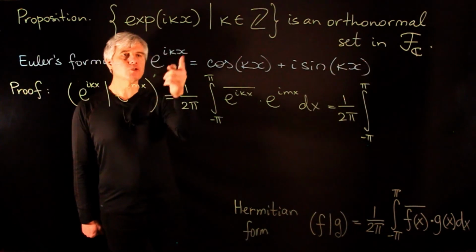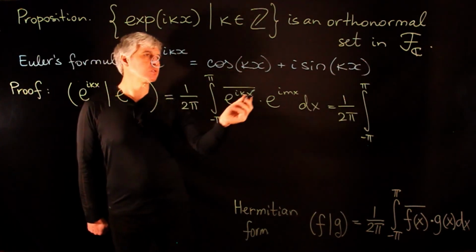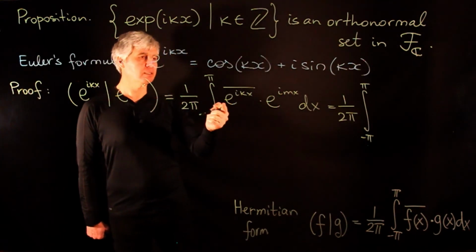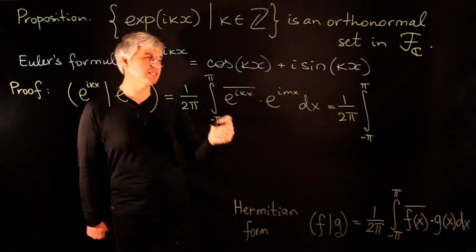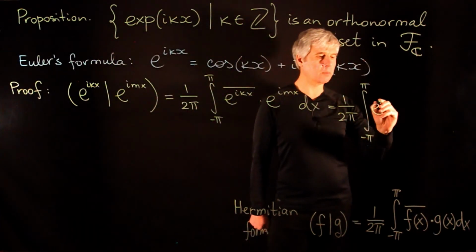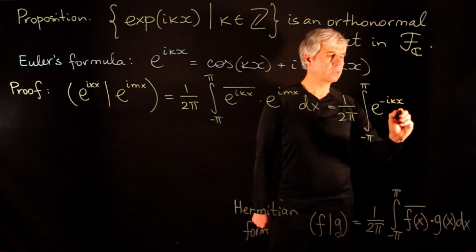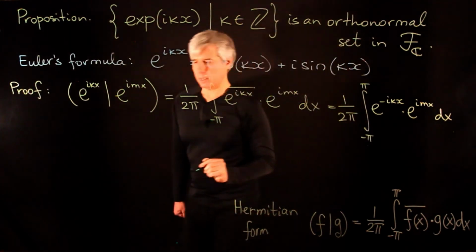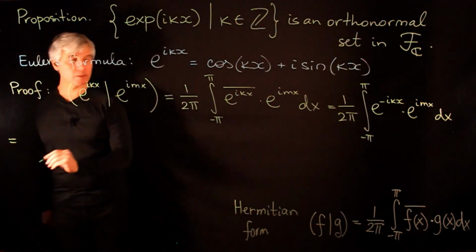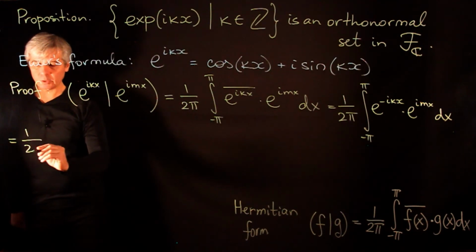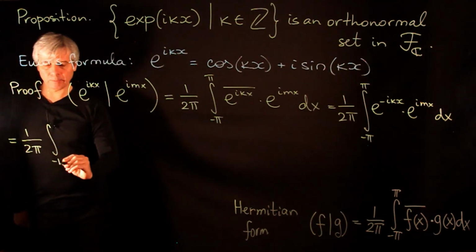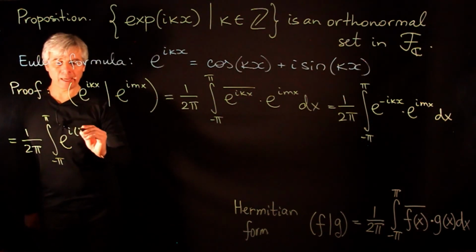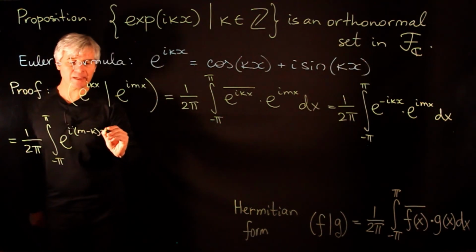When we take a complex conjugate of e to the ikx, we change the sign of the imaginary part, and what we get is that this will become e to the minus ikx. So we get e to the minus ikx times e to the imx dx. And now this can be simplified as 1 over 2 pi integral from minus pi to pi e to the i(m minus k)x dx.